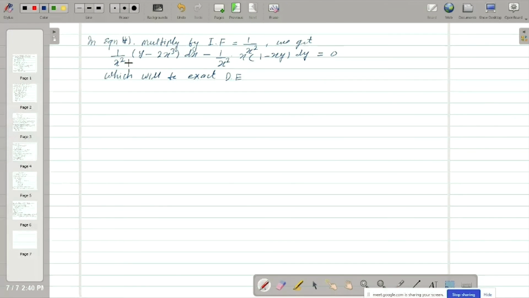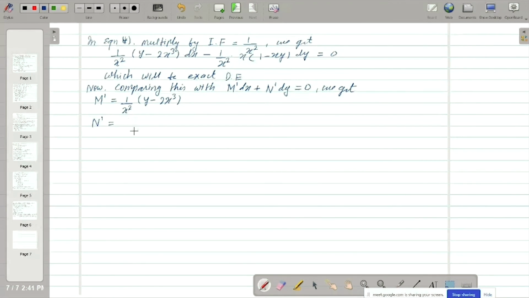Now comparing this with standard form. What is the standard form? M dash dx plus N dash dy equal to 0. We get M dash, first part, that is 1 upon x square into y minus 2x cube, and N dash, what is the N dash?